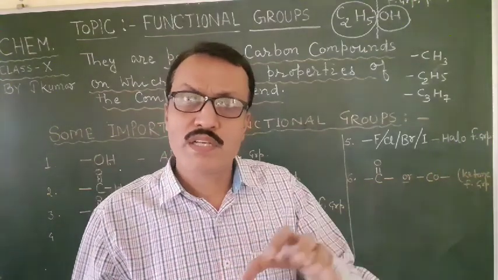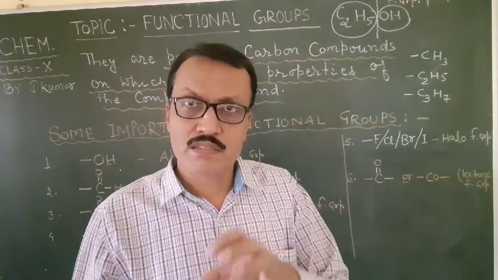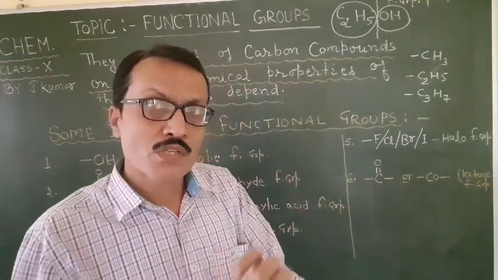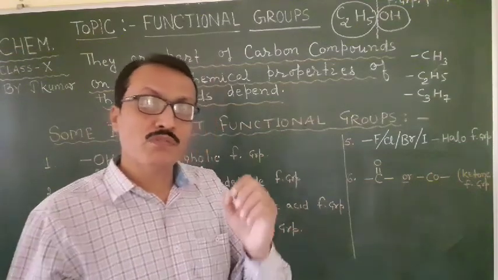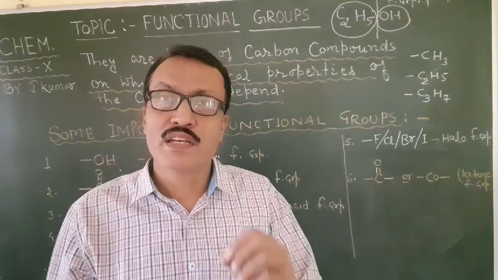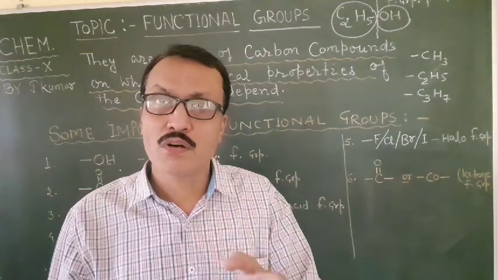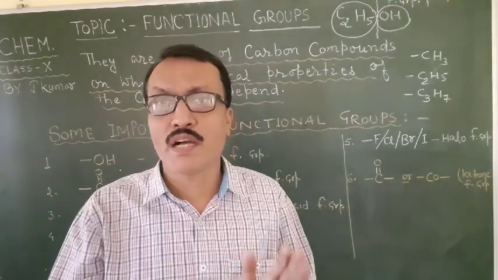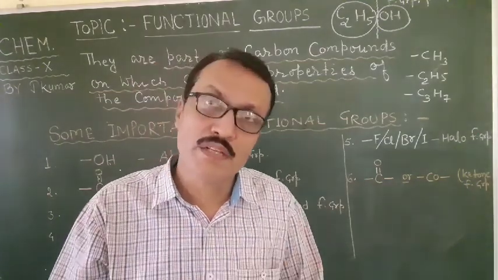The word halo has come from halogens. Okay, so halo functional group. So you have to keep in your mind the halo functional group. It means either F or Cl or Br or I are attached with the hydrocarbon part in carbon compounds.